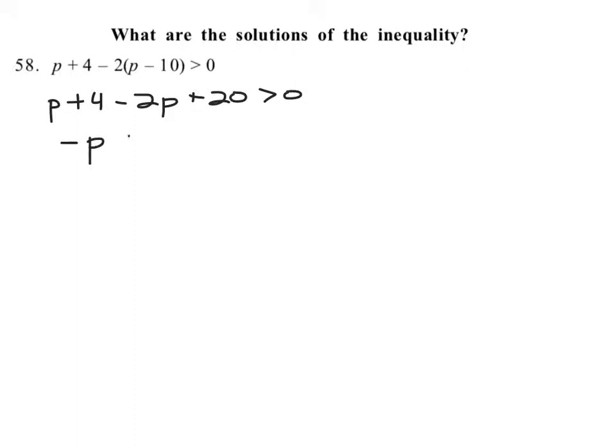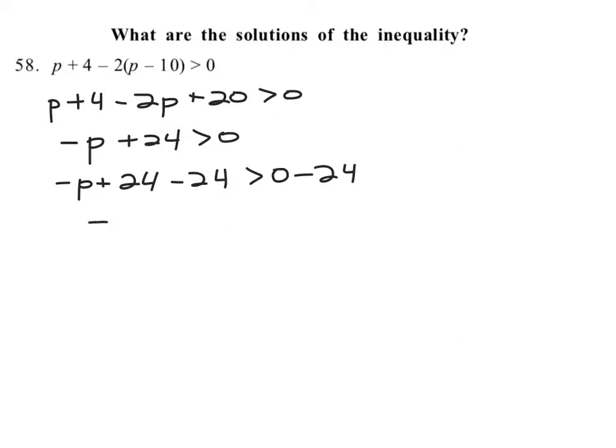And 4 plus 20 is plus 24, greater than 0. We need to subtract the 24 away. -p plus 24 minus 24, greater than 0 minus 24. Or -p is greater than -24.